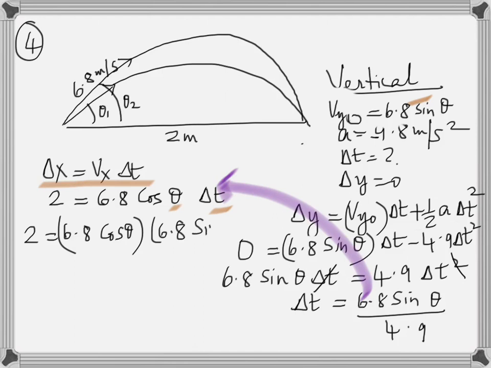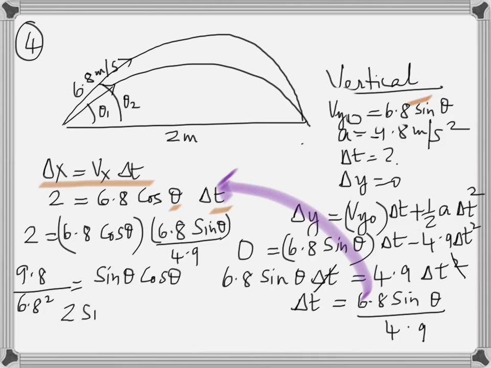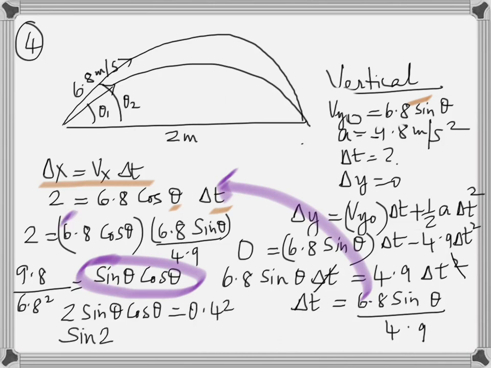Simple substitution there. Rearrange, we're trying to find theta. And mathematically 2 sine theta cos theta is sine 2 theta. So you get 0.42.